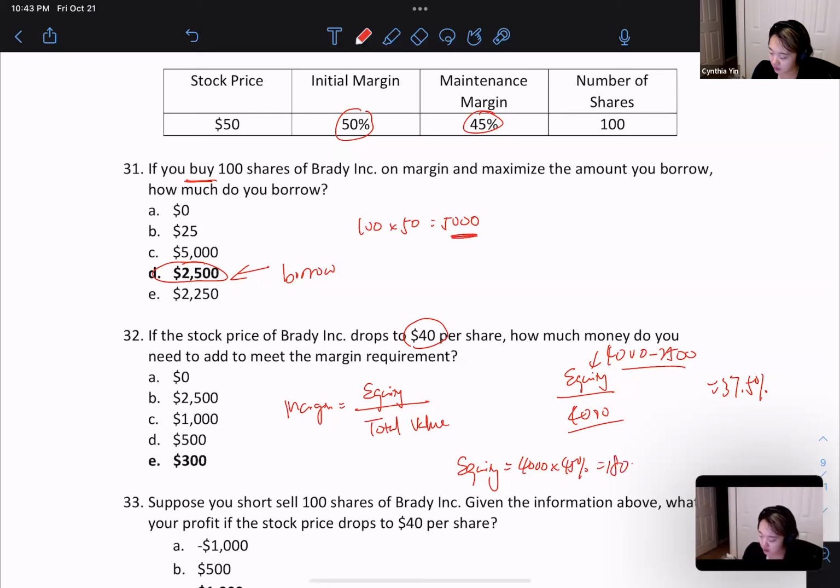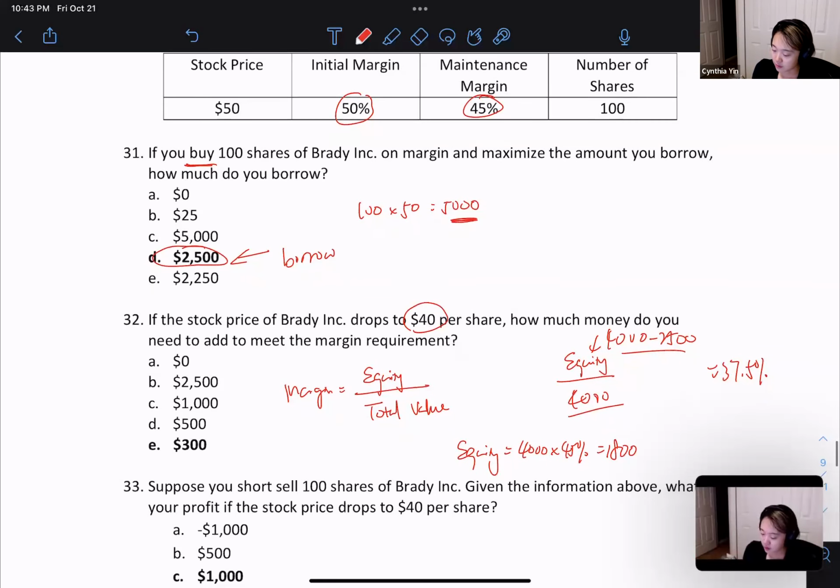It equals 1,800, right? Because after the price drops to 4,000, you have to repay the $2,500, your remaining equity.